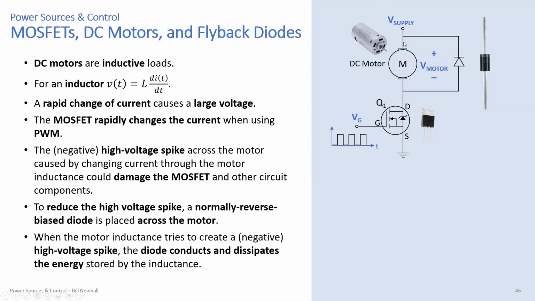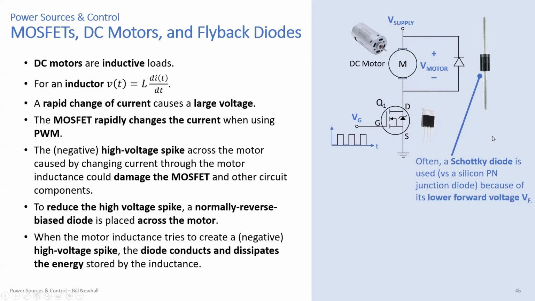When the motor's running and you have a positive V motor across the motor, the diode does not conduct any current. It's reverse biased. But when that motor voltage tries to go negative, more than the forward voltage of that diode, then current flows through that diode. That diode actually dissipates that energy stored in the motor.